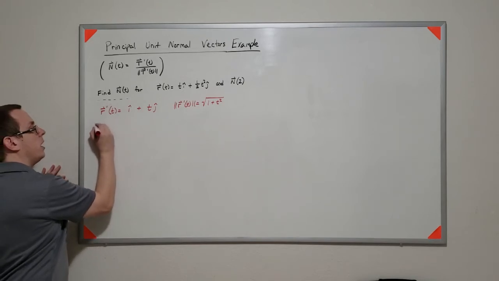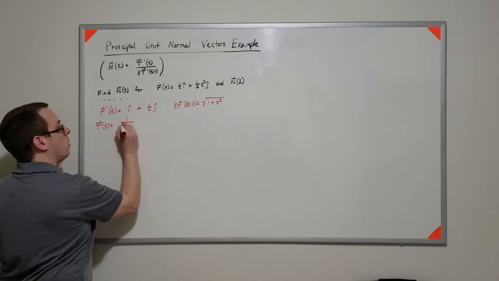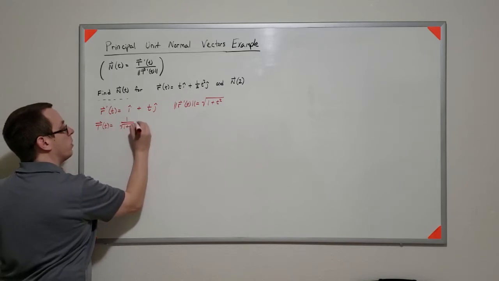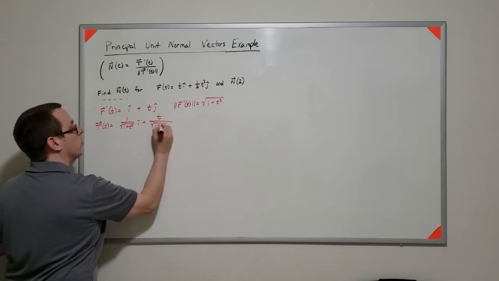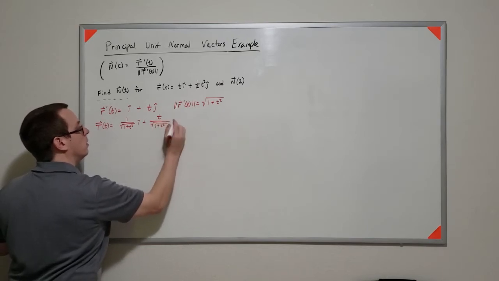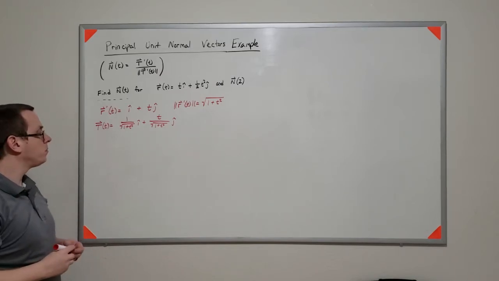So that tells me that T(t) is 1 over the square root of 1 plus t squared i plus t over the square root of 1 plus t squared j. And that's our first piece.